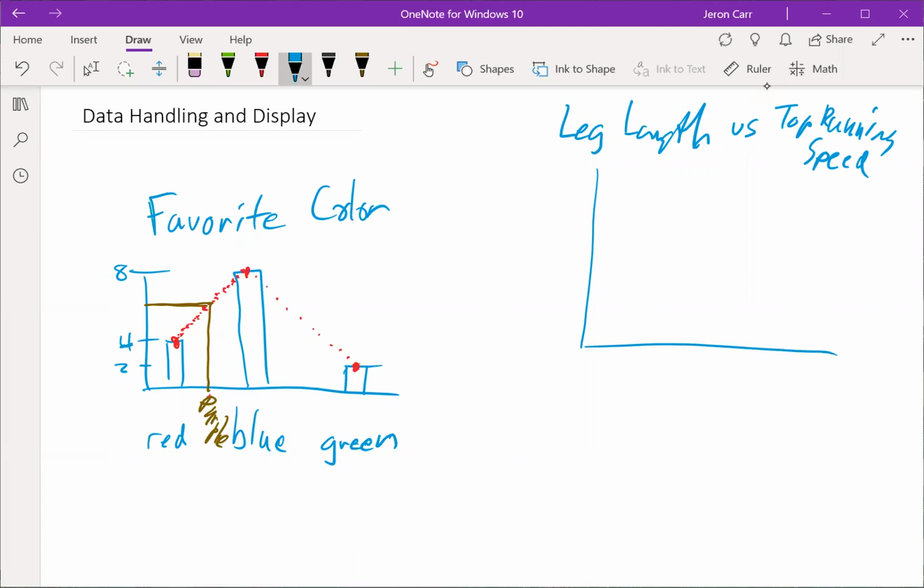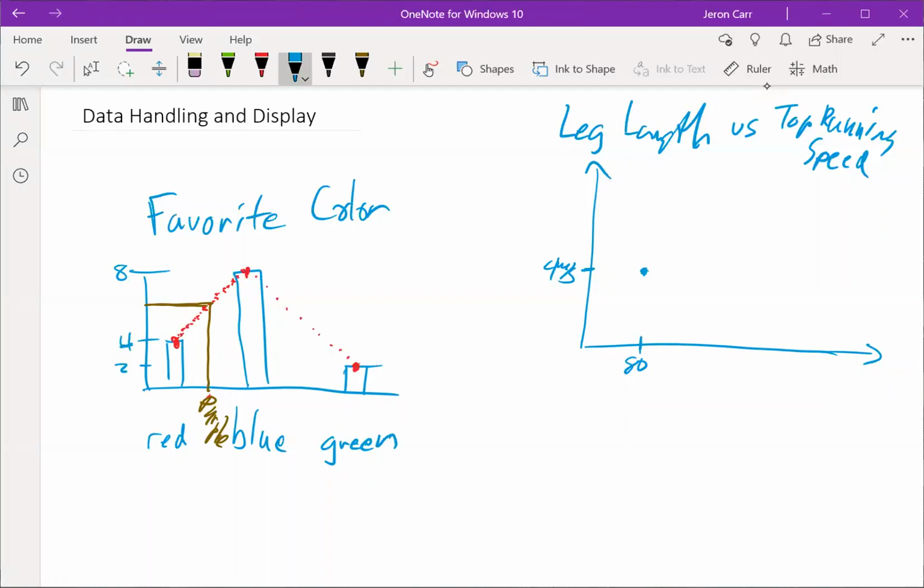And this is totally made up, so don't quote me on any of these numbers. This is just for illustrative purposes. But I discover that I test someone who has 80 centimeter legs. And I discover that they have a top speed of 4 meters per second.